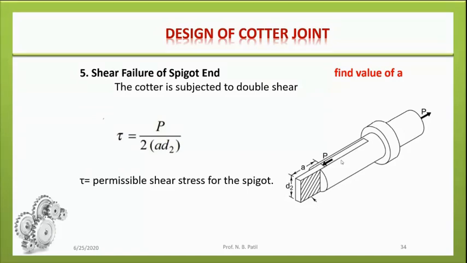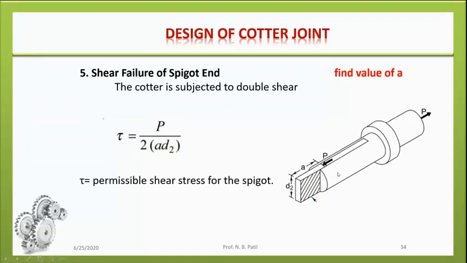Then what happens? The cotter shears out the spigot along two regions, this region and the back side of this exactly.